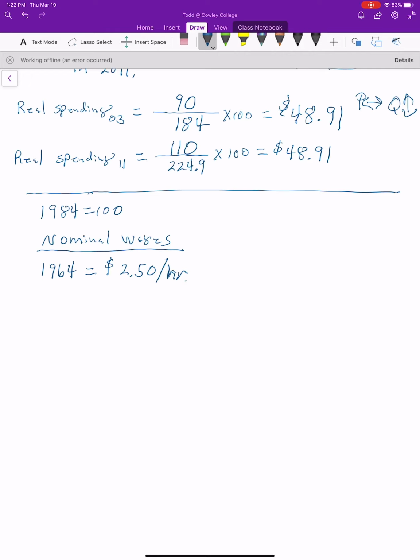So to calculate an individual's income, you would take 2.50 times 40 hours a week times 52 weeks out of the year, and that's how large their income would have been.